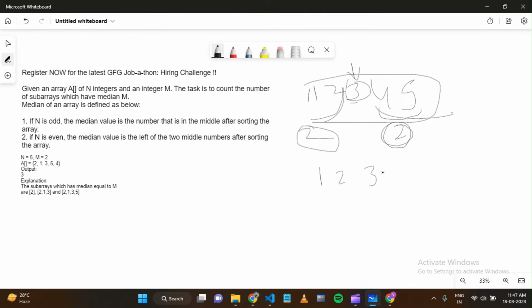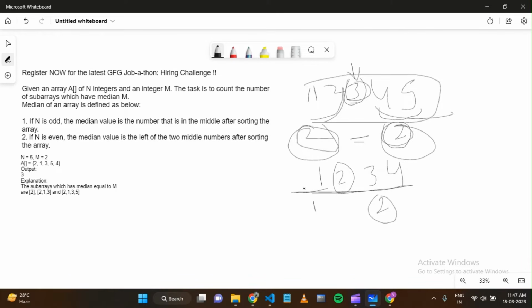In case of even elements, we can have our median such that the left element count is 1 and the right element count is 2.